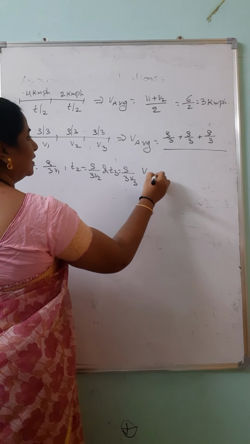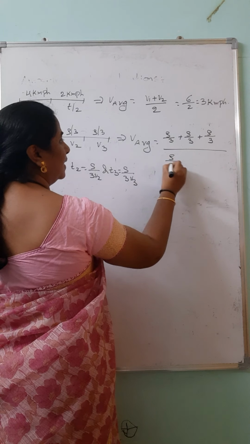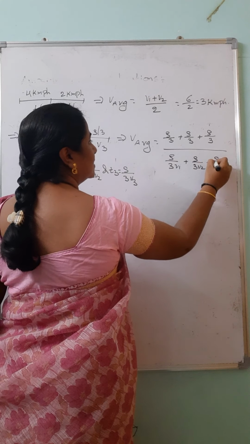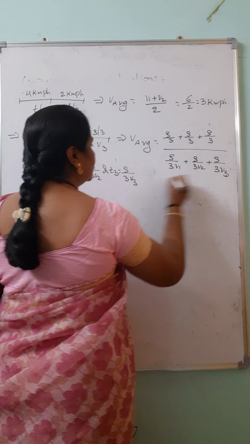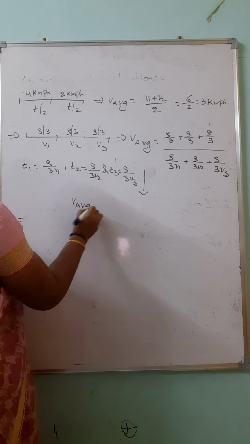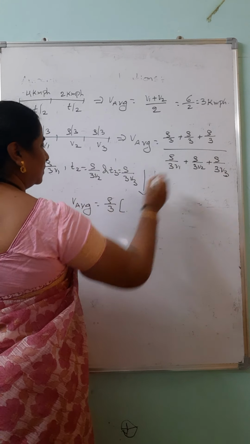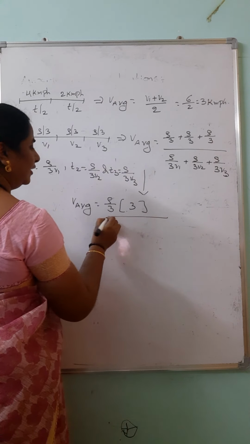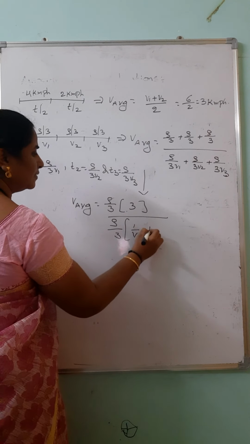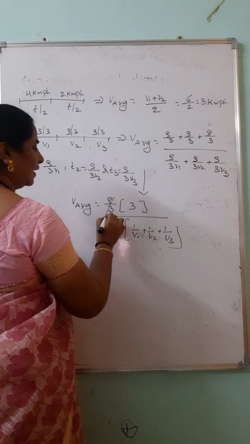So average speed equals, I have already written the formula, but instead of T1 we write S by 3 V1 plus S by 3 V2 plus S by 3 V3. S by 3 is common. Within the bracket, 1 plus 1 plus 1 gives 3. In the denominator also S by 3 is common: 1 by V1 plus 1 by V2 plus 1 by V3. This cancels.